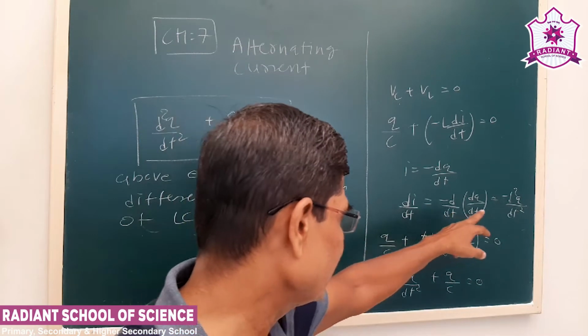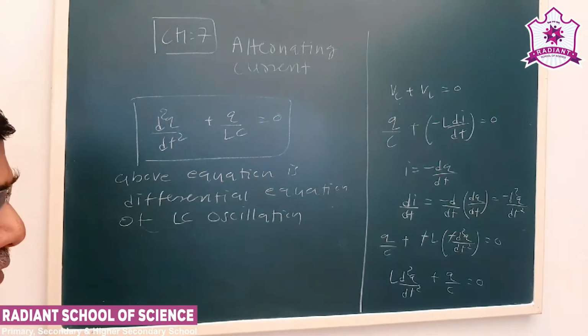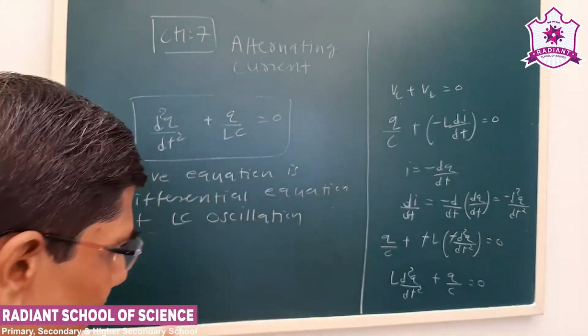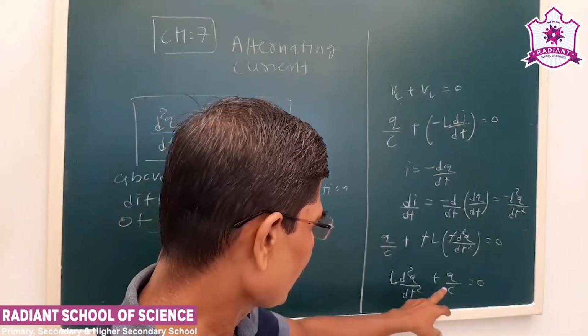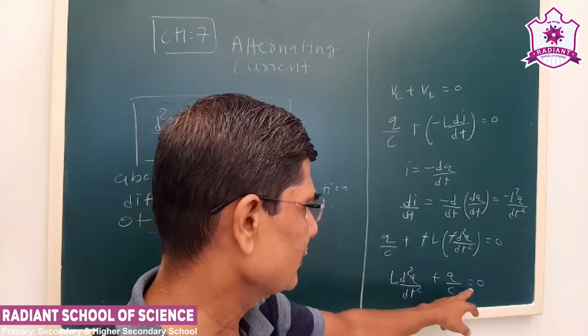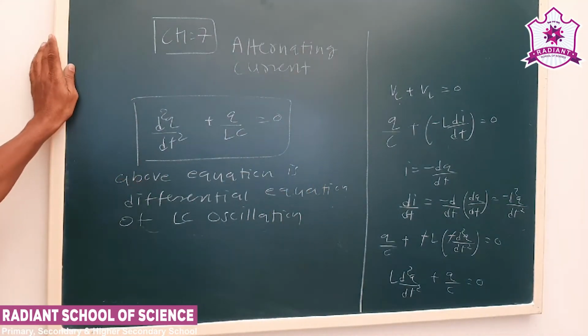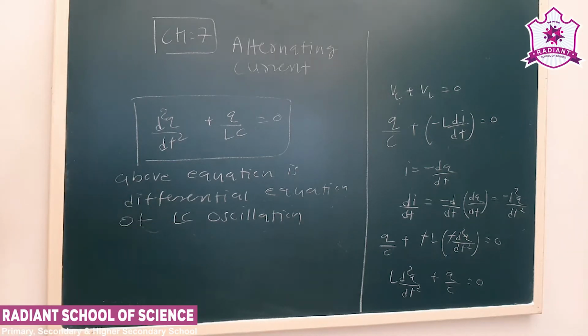So di by dt will become minus d square q by dt square, which we substitute in this equation. So our equation has become q by C plus L d square q by dt square is 0. We divide by L, so d square q by dt square plus q upon LC is 0. See, the above equation is the differential equation of LC oscillation.